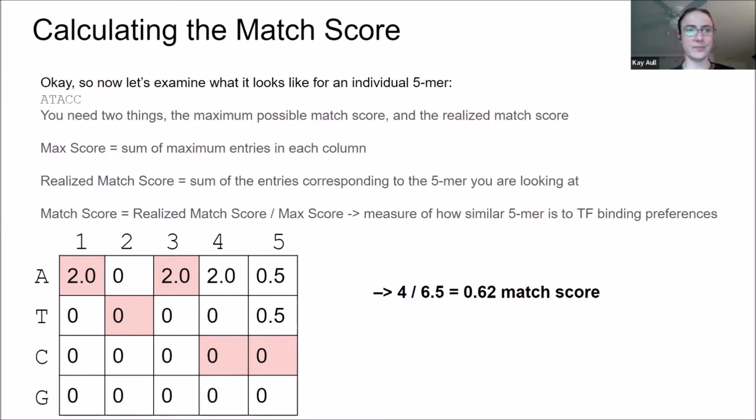So how would you interpret this match score that's calculated here? It would make most sense looking at it in a genomic context.